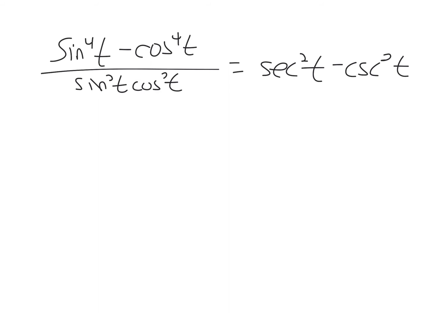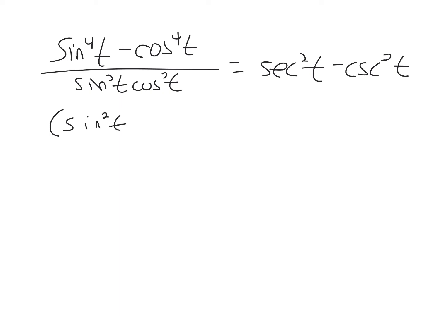All right, next one. Ooh, we got a doozy here. So what I'm going to do is I think I'm going to factor the numerator here. So when we do that, it's just a difference of squares problem.